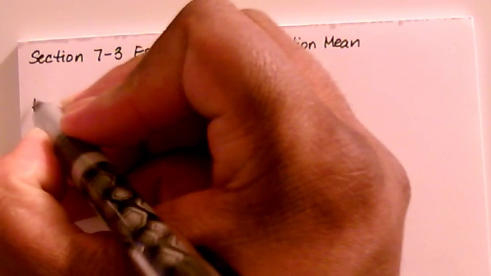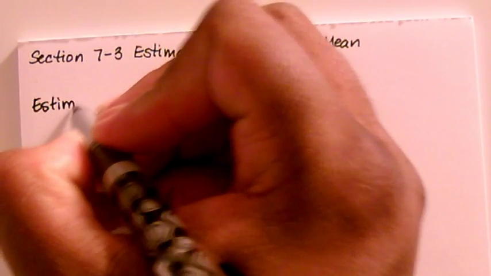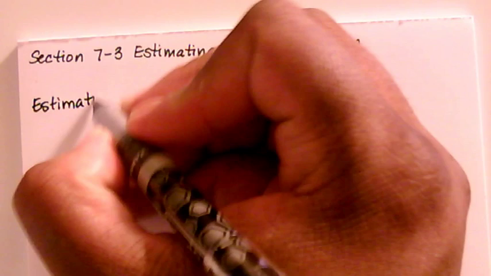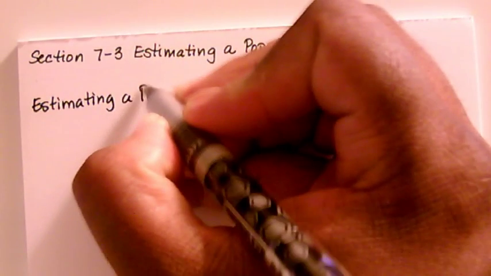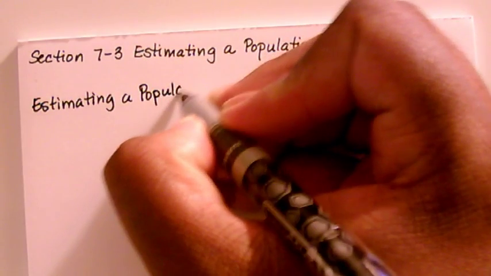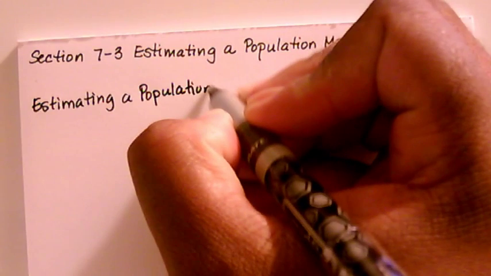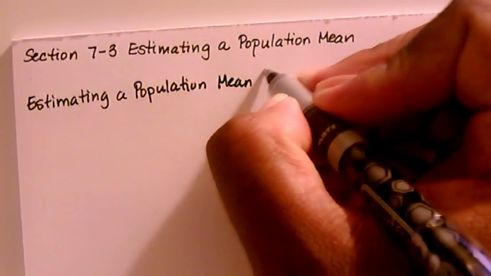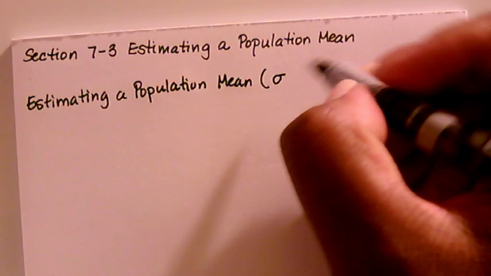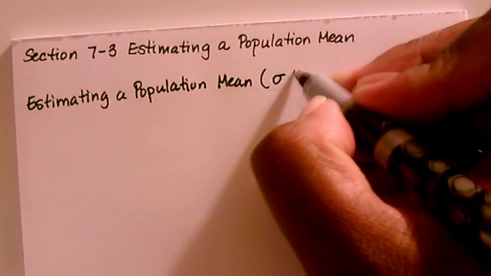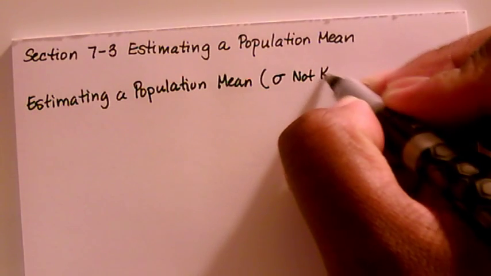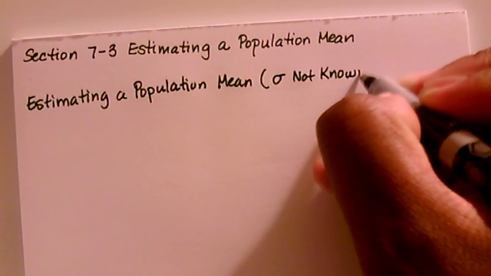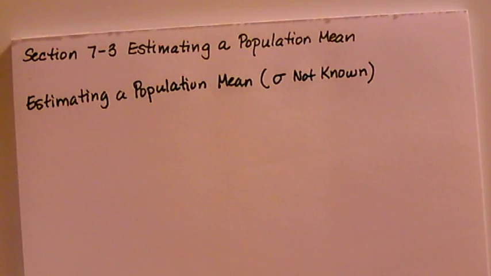And I'm just going to write this as estimating a population mean. In this situation, we're only going to be dealing with the fact that sigma, which is your population standard deviation, is not known. Because the reality is this: we rarely know what the population standard deviation is.